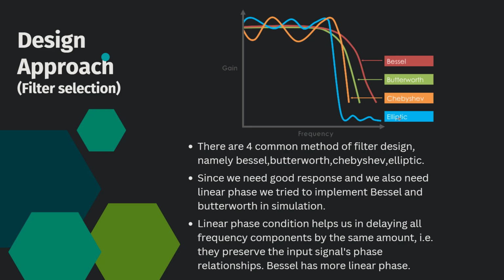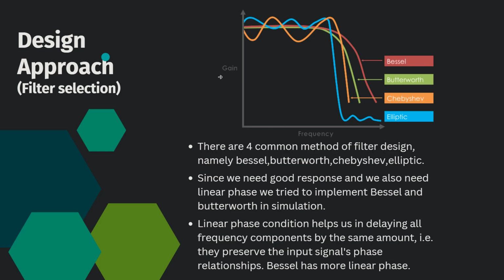The other types, Chebyshev and elliptical, had ripples, so we did not consider them because we have to be precise about our values and we would like to have zero errors. So due to the consideration of errors, we chose Bessel because it gave us linear phase, unlike the phase in the Butterworth, which was not linear.